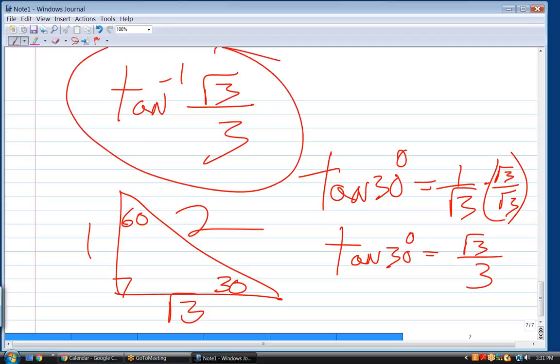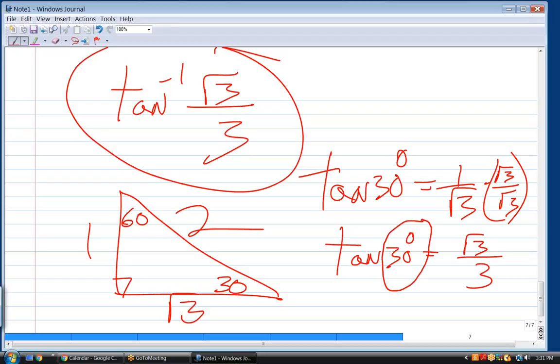What's the answer to that question right there? What is the inverse tan of root 3 over 3? I don't know my tangents, but I know my sines and cosines. Right there, you don't need to know your tangents.